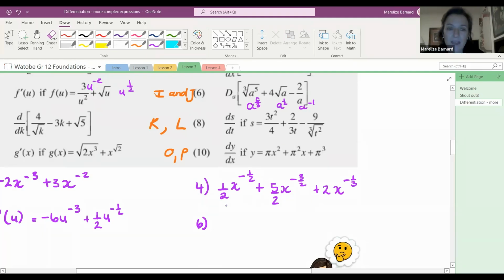So then we differentiate, and we go 5 over 3a to the power of 5 over 3 minus 1. 5 over 3 minus 1 is 2 over 3, to the power of 2 over 3. A half times 4 is going to give me 2a to the power of minus a half. And then minus 1 times the minus 2 is going to give me plus 2a to the minus 2.